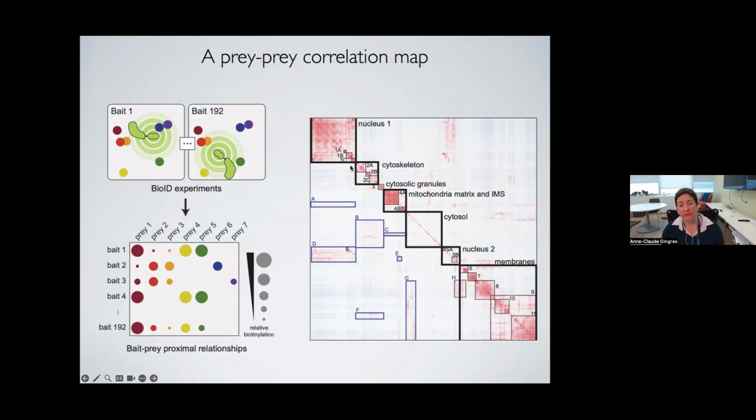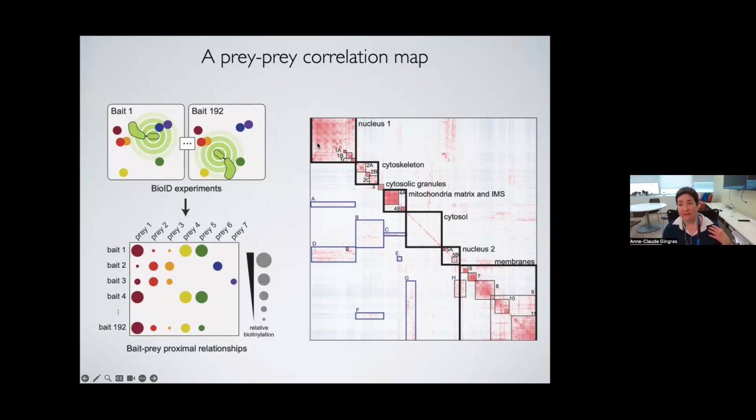What that really told us is that if we do this kind of prey-prey relationship analysis, we were easily able to uncover the different large compartments, such as the nucleus, the cytoskeleton, mitochondria, and a number of different membranes, as well as soluble complexes inside the cytoskeleton. But even within those structures, we had sub-organelle resolution. For example, in the nucleus, we could easily see components that belong to the nucleolus and other nuclear bodies.